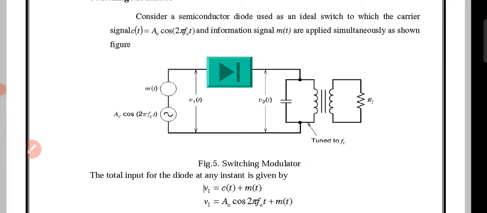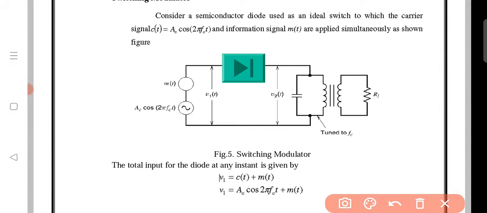Let us consider the diode as an ideal switch. So c(t) equals Ac cos omega ct, as we know, and m(t) is Am sin omega mt. Now here v1(t) is the input of the diode.